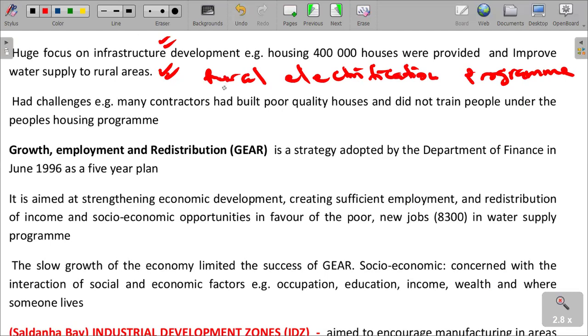We also have the public works programs, which focused on development and the creation of employment.